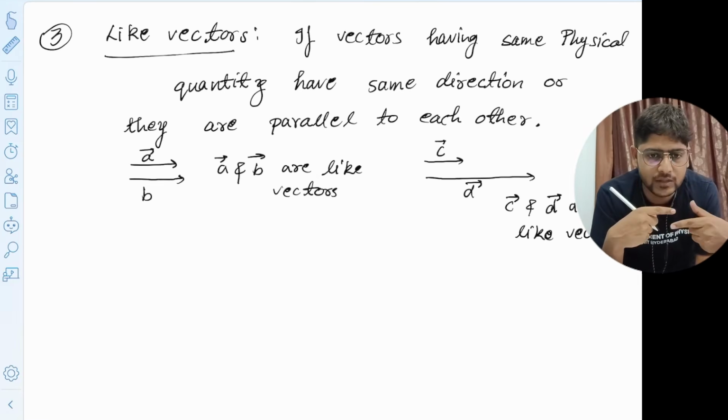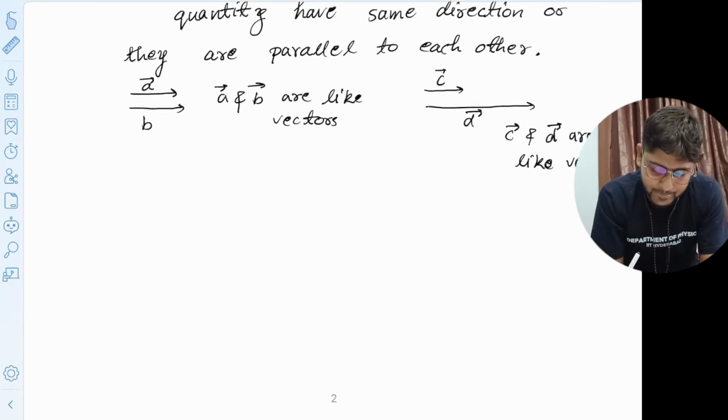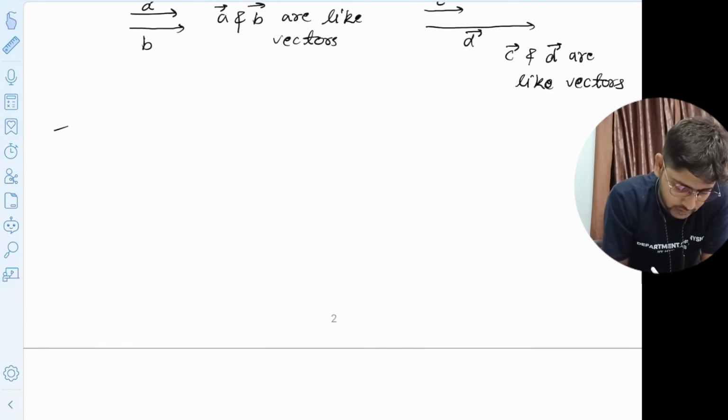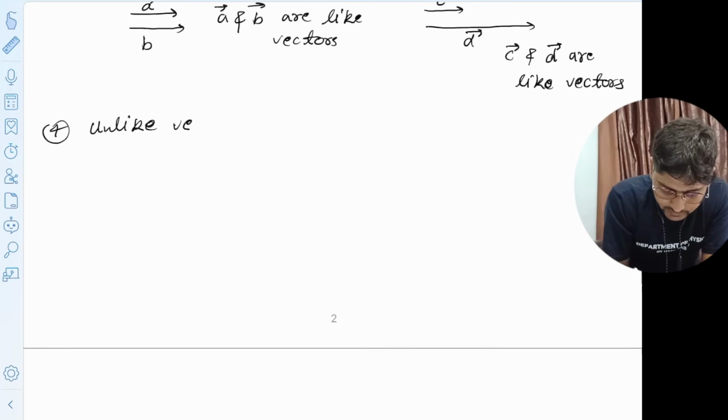So suppose if the direction is opposite, then that is called unlike vectors. Okay. Our fourth point, unlike vectors.